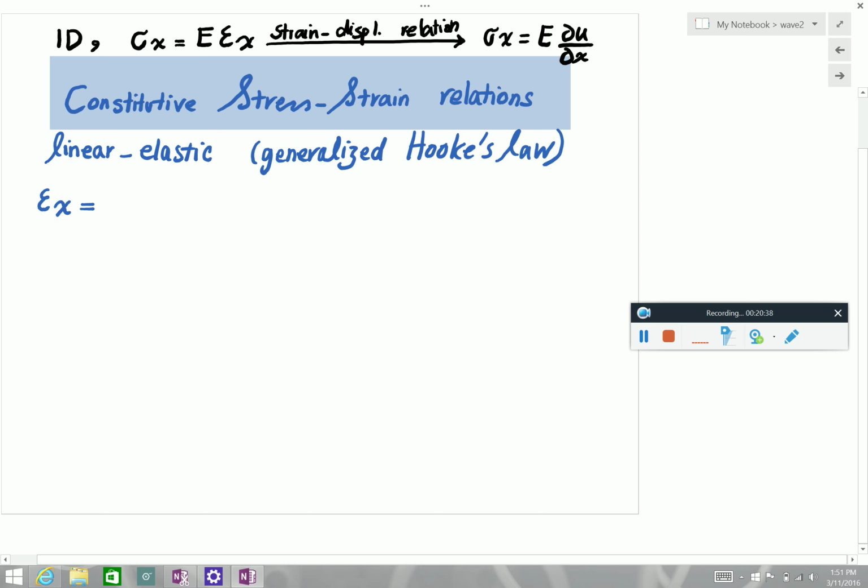What comes into play is Poisson's ratio. So writing epsilon in terms of a stress, we have epsilon x is 1 over E sigma x, and then minus Poisson's ratio nu sigma y, and the same for sigma z.